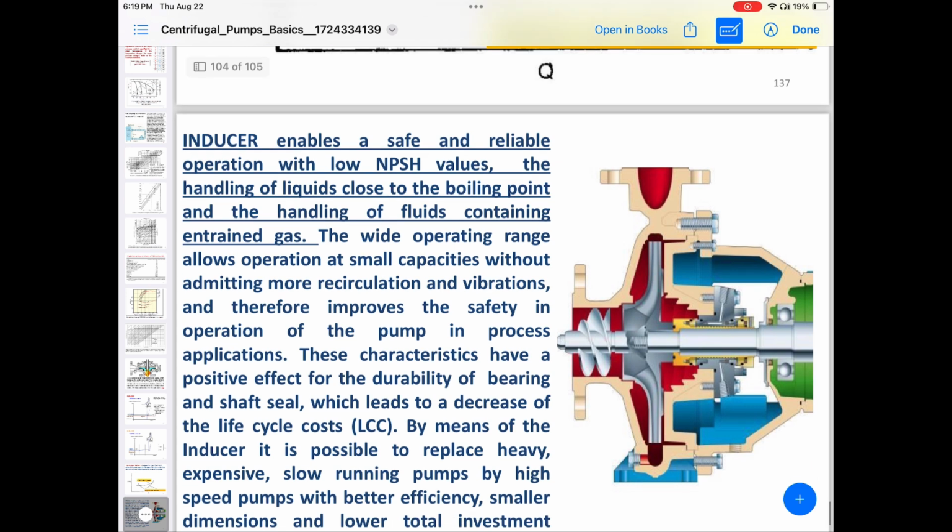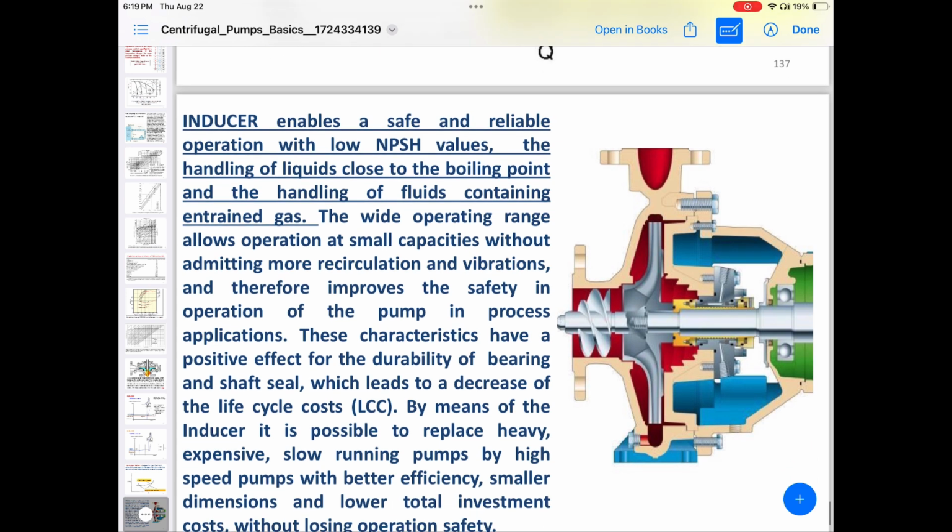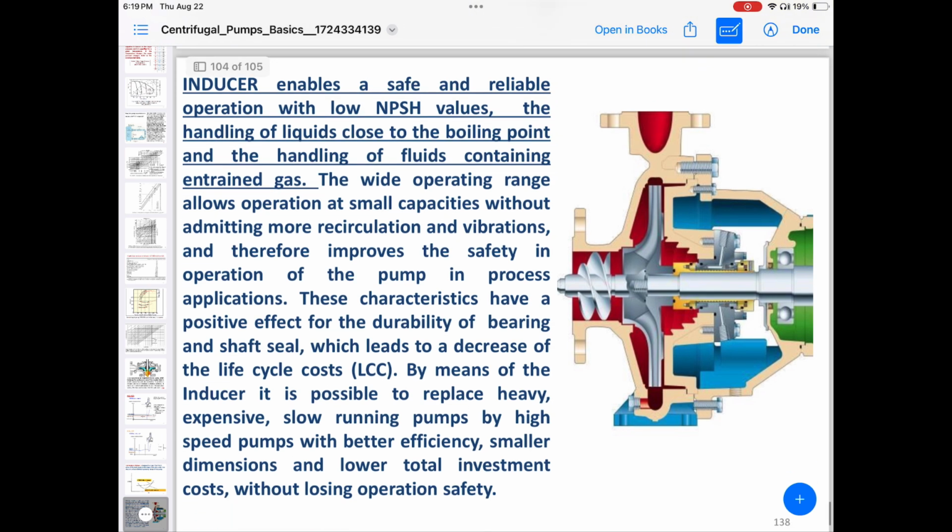There is handling of liquids close to boiling points, with the inducer, without emission; recommended for reducing vibrations.